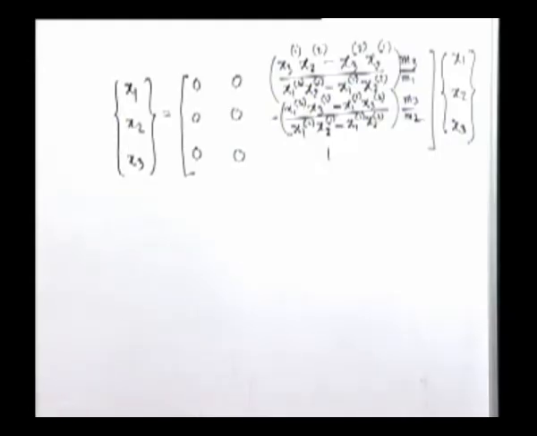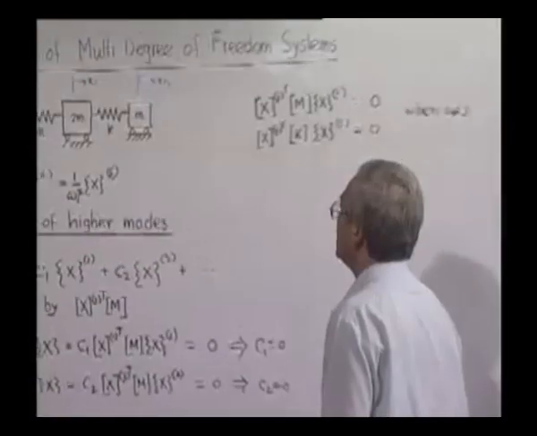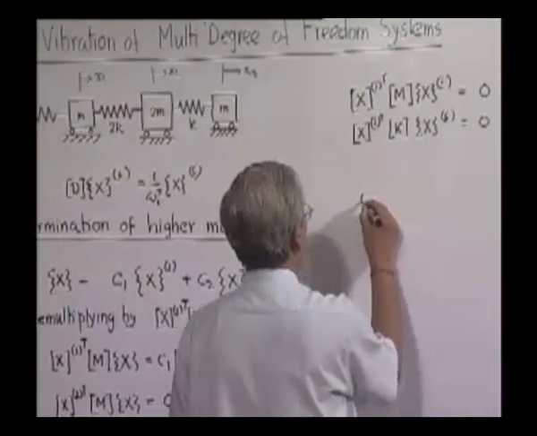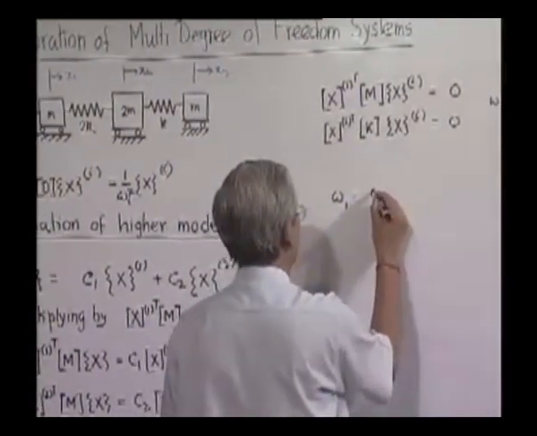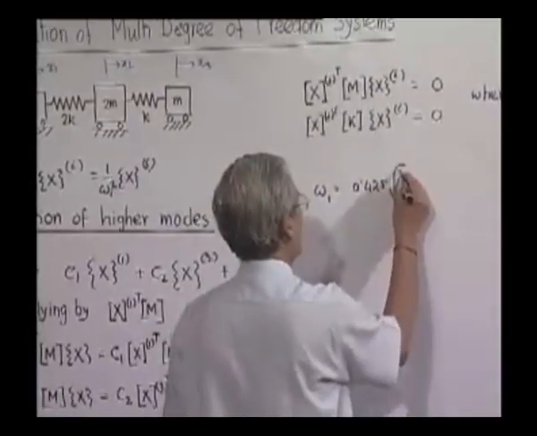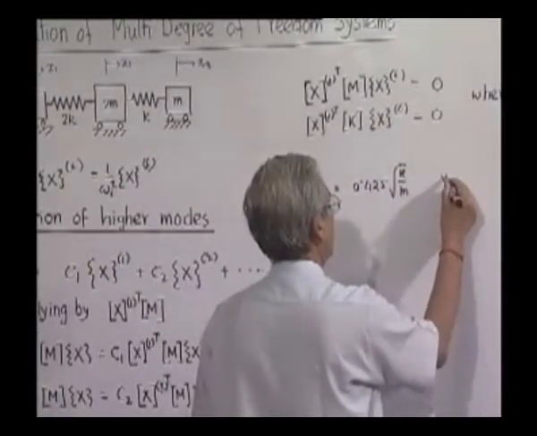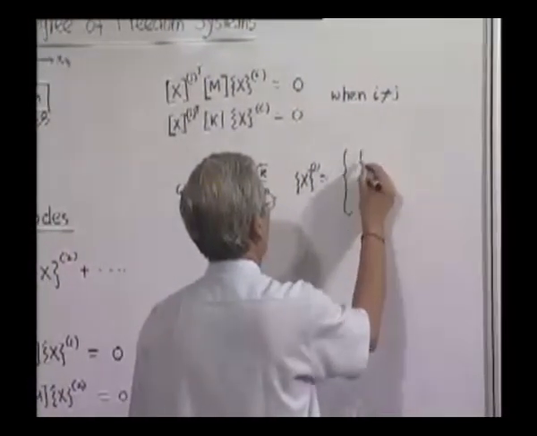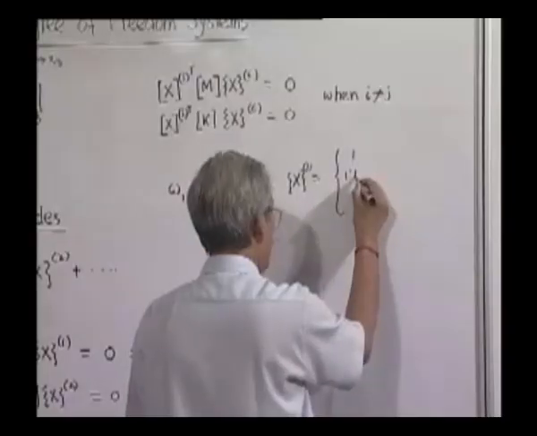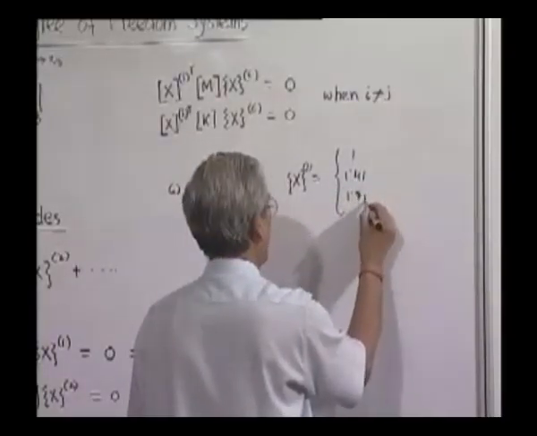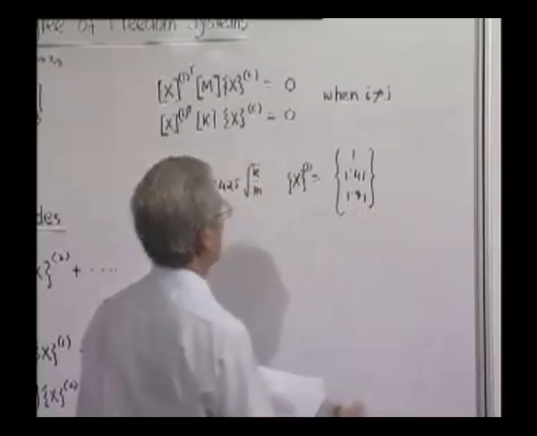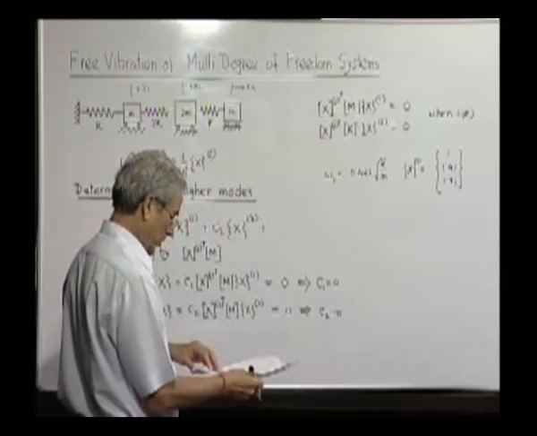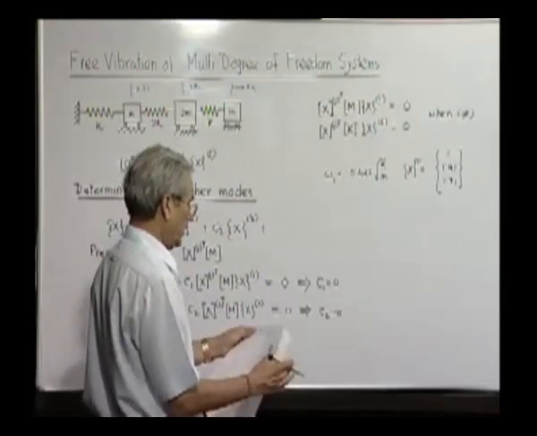To solve the same problem, because the first mode has already been solved, we know that the first mode omega 1 is 0.425 square root of k by m, and x1 is 1.71 or 1.72. This is solved. So now we should be able to figure out how much the second mode is going to be.